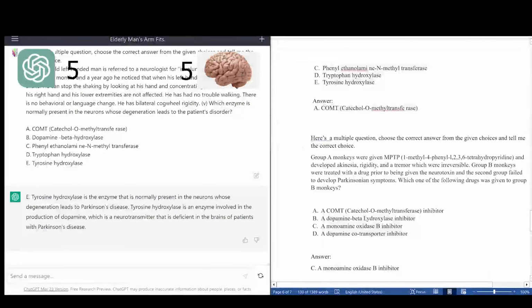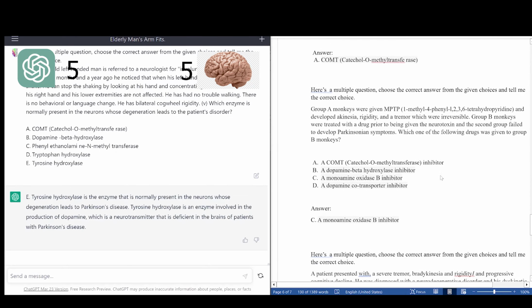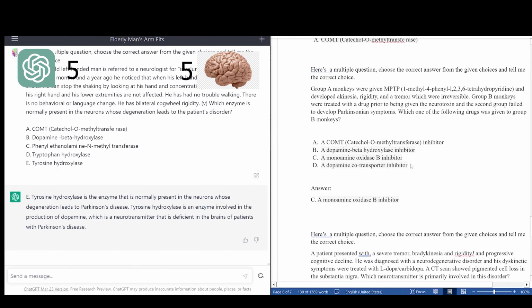Okay, let's move to the next question, and it's a different case, so let's hear it out. It says group A monkeys were given MPTP and developed akinesia, rigidity, and tremor, which were irreversible. Group B monkeys were treated with a drug prior to being given the neurotoxin, and the second group failed to develop Parkinson's symptoms.